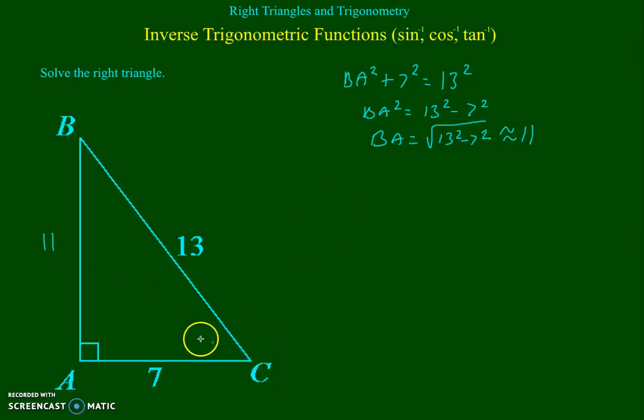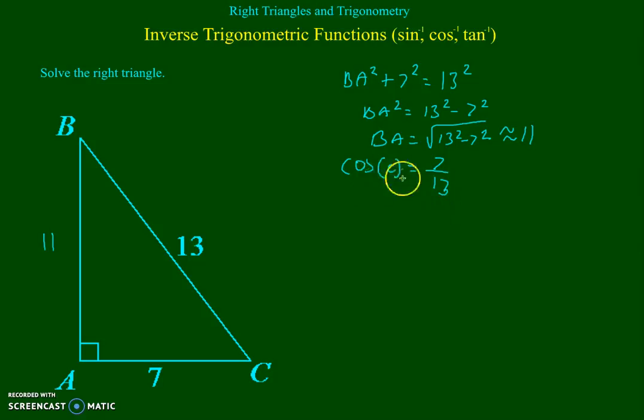So SOH, no, I don't want to use it because I don't want to use the 11. CAH, that's the one. I'm going to use cosine. Cosine of C equals adjacent over hypotenuse. CAH: adjacent over hypotenuse.